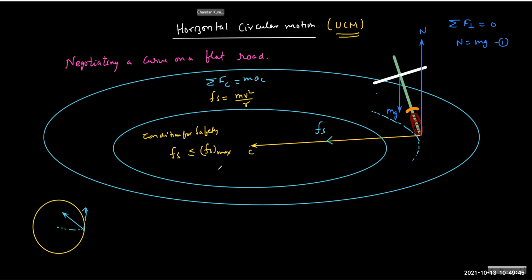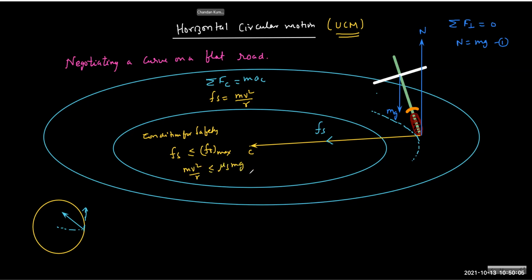Make sure that you turn with a speed which is not demanding as high as Fs max. Demand should be less than the supply, or at most equal to supply. Safer is to keep it less, which means m v square by r is the demand and the supply available is Fs max.